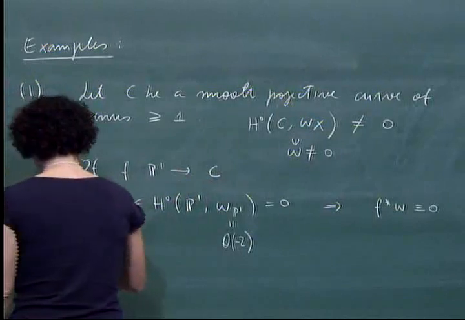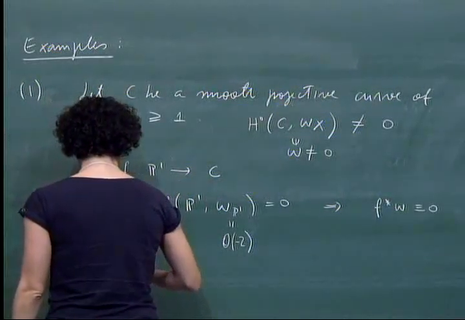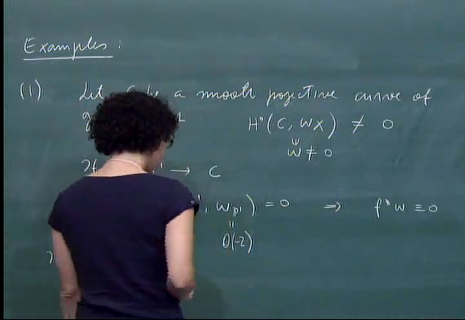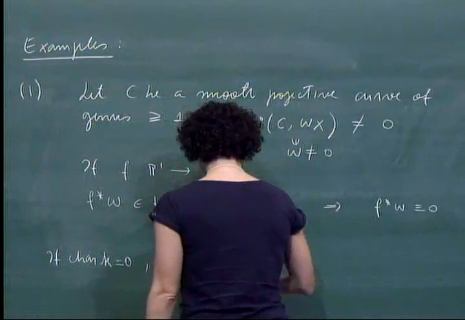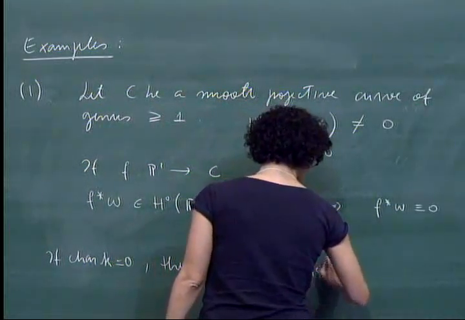So if the characteristic of k is 0, then this implies that f is constant.